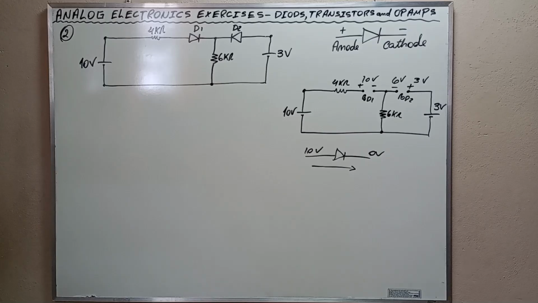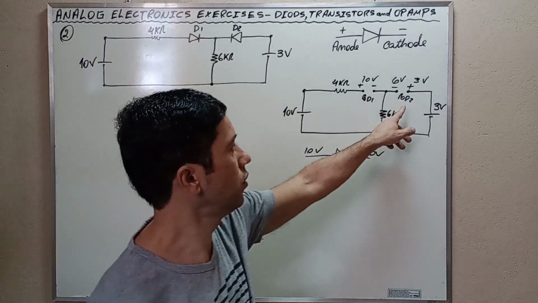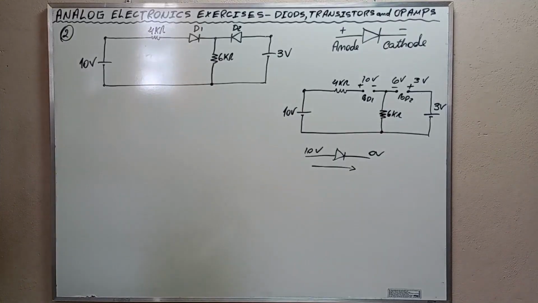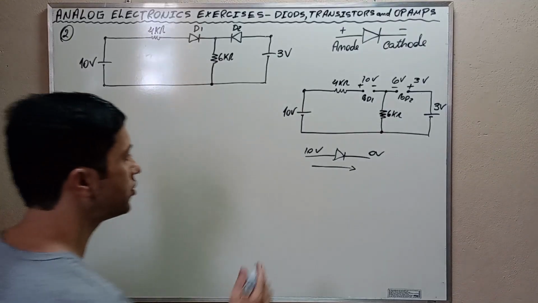Back then in exercise 1, we discovered that when D1 is on, the voltage across the 6 kilo ohms resistor is 6 volts, causing its cathode to be higher in potential than its anode by 3 volts. When D1 is on, D2 has to be off, because the voltage is negative.